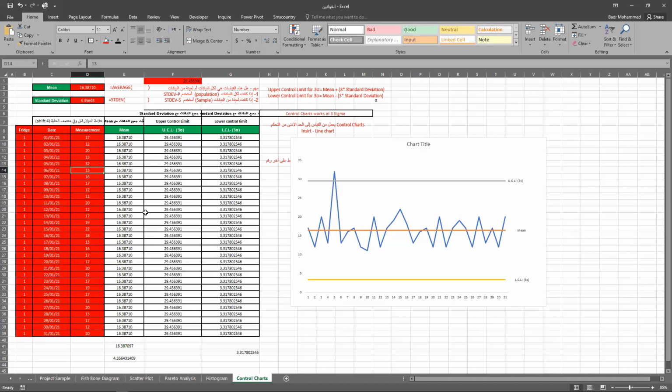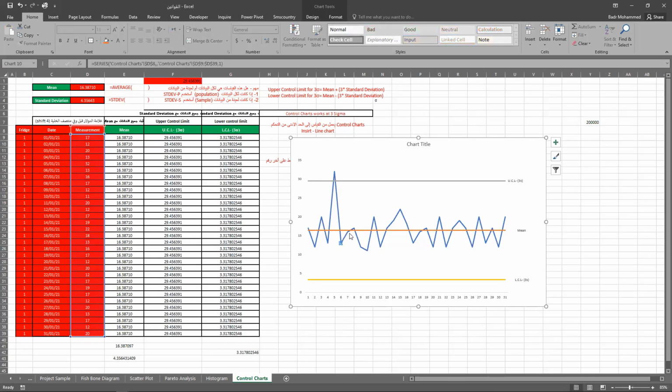For example, suppose there is food or milk, whatever, inside this fridge, and this food is worth, for example, 200,000 riyal. So now what will happen? We will lose this amount of money. Why? Because your control team is sleeping.